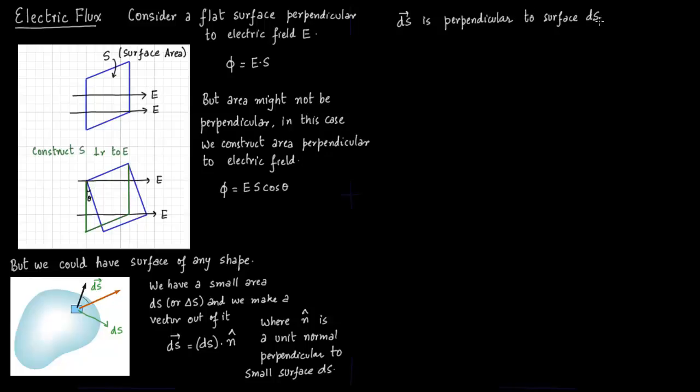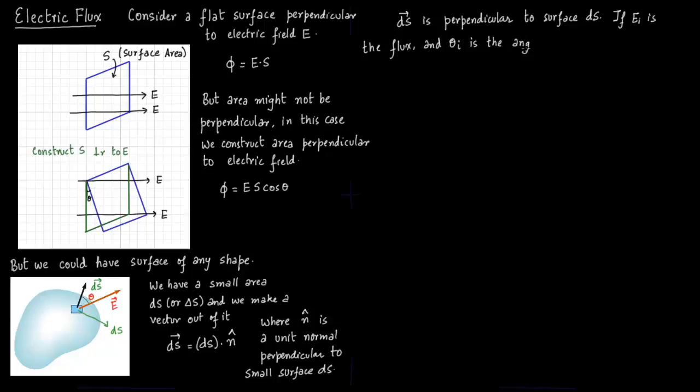So basically what we are saying is that if you're given a small surface area ds, you construct a vector ds vector out of it which is perpendicular to the surface. And this is same as constructing a normal to a plane. Now say Ei is the small flux which passes through this ds.